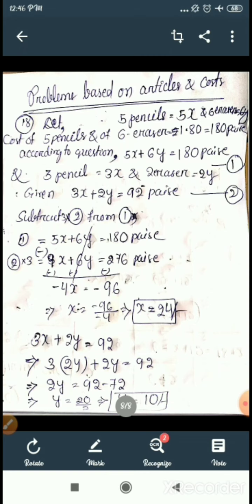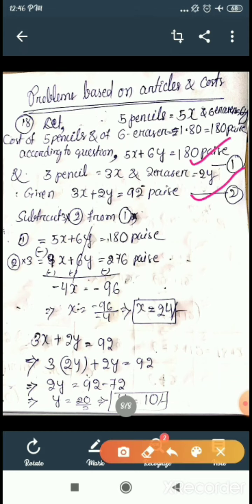Okay, take it as equation 1. Then after the cost of 3 pencils is 3x and 2 erasers is 2y, and according to the question 3x plus 2y will be 92 paise. Okay, take it as equation 2. So here two equations we got, this one and this one.